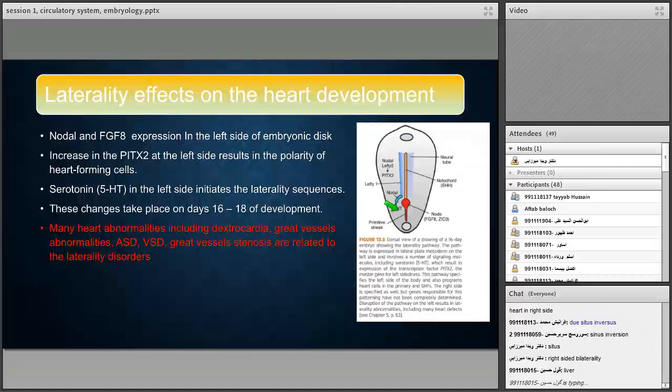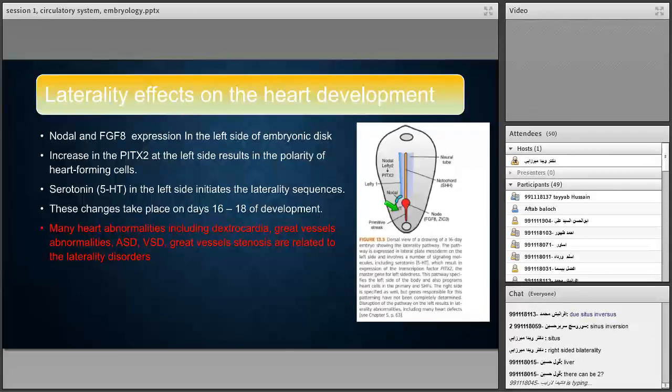In right-sided bilaterality, they have asplenia or hypoplastic spleen. But in left-sided bilaterality, they have polysplenia. They have more than one spleen. Yes, the position of the stomach also changes.